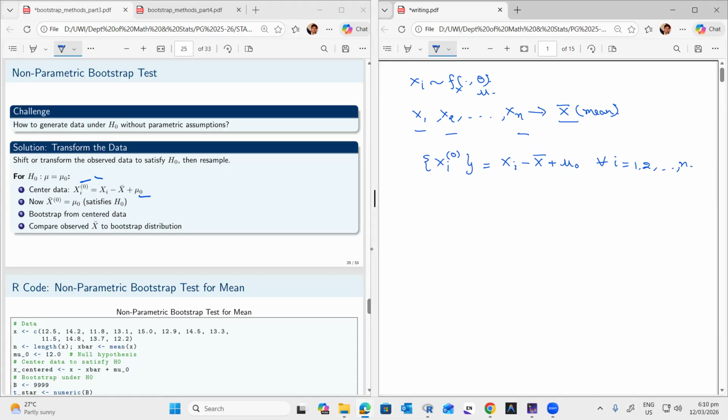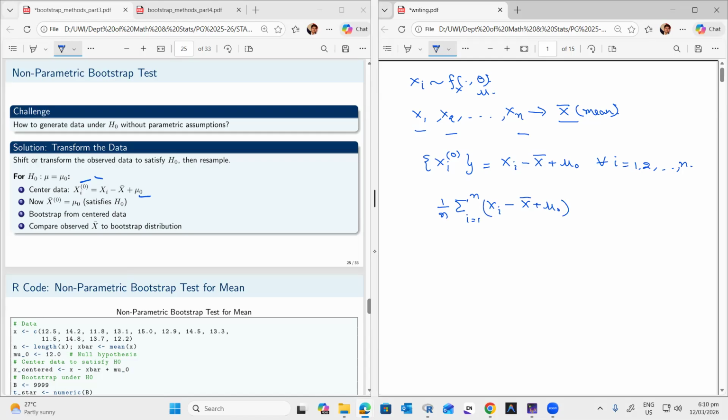After that, in the second step, we verify that the transformation we did is working properly. We check whether the centered mean is exactly mu naught. So we find the mean of xi minus x bar plus mu naught, for i going from 1 to n.